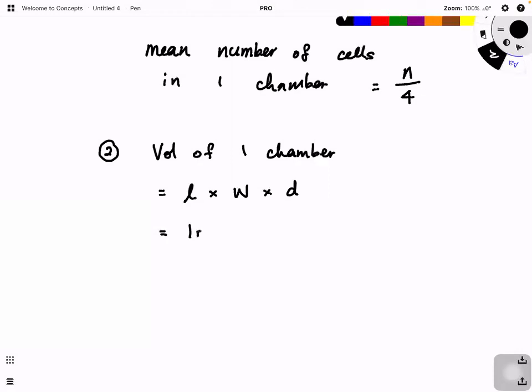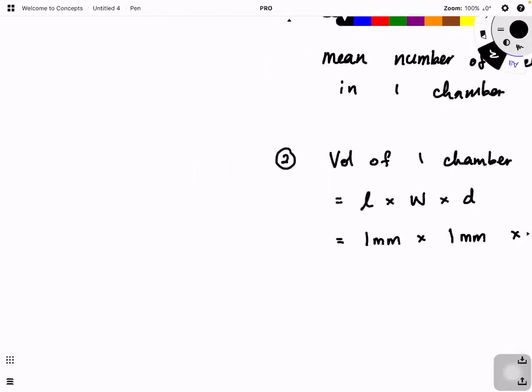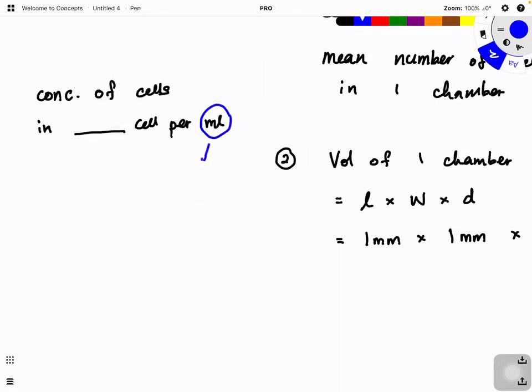Length is 1 mm. The width is also 1 mm. The depth is 0.1 mm. But because we want to know the concentration of cells in cells per ml, and we know that 1 ml is equivalent to 1 cm cube, we have to convert.